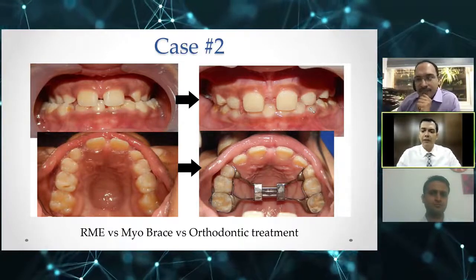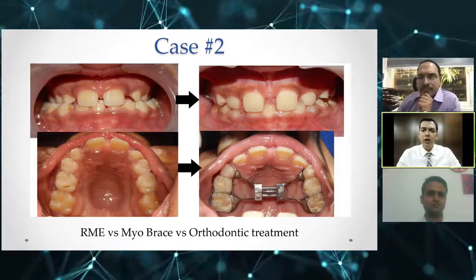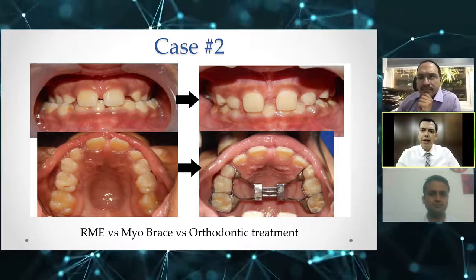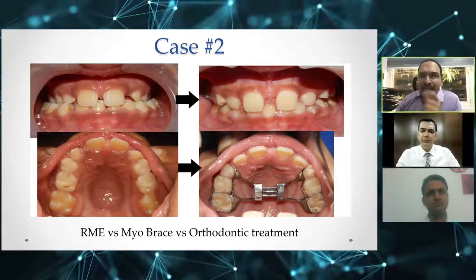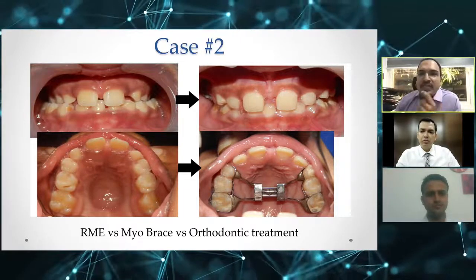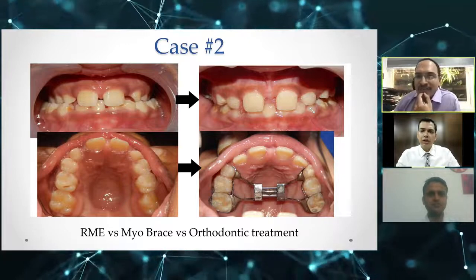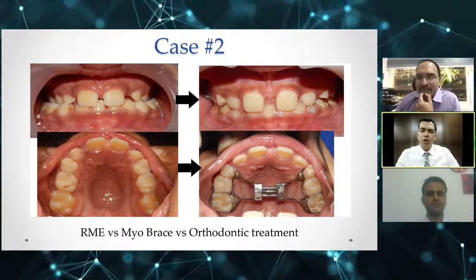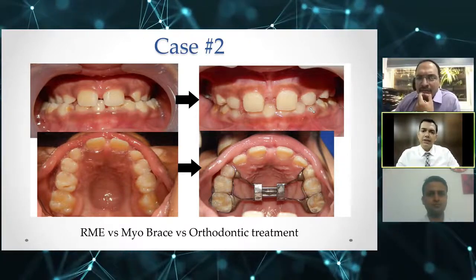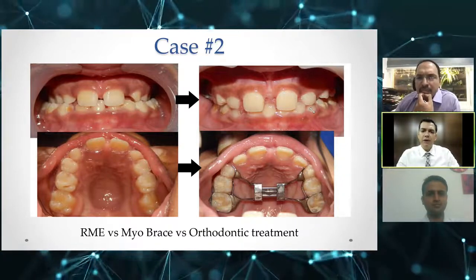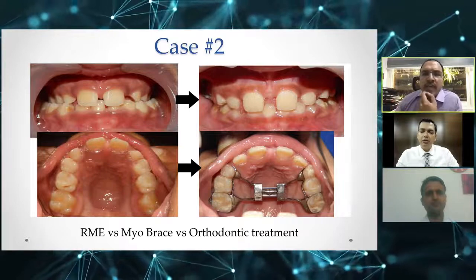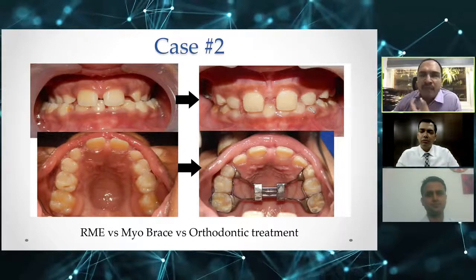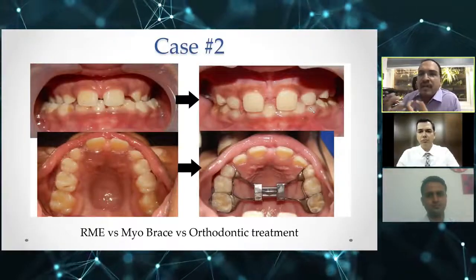Perfect. Any opinions on DOME? Have you heard about DOME, distraction osteogenesis maxillary expansion? Yeah, maxillary expansion itself is a form of distraction osteogenesis only. Right. So there is a procedure called DOME, which is more of an advanced, surgically assisted RME, used for syndromic cases where you have hemifacial microsomia or severe retrognathia or a genetic malformation.